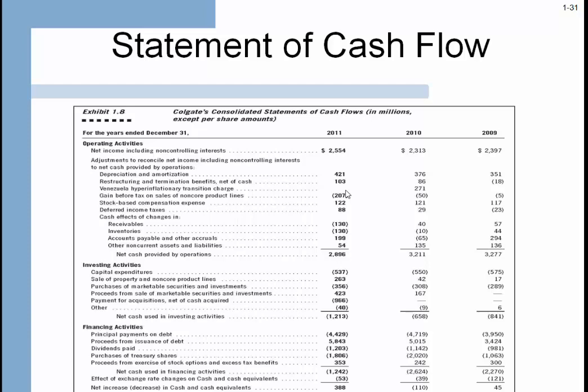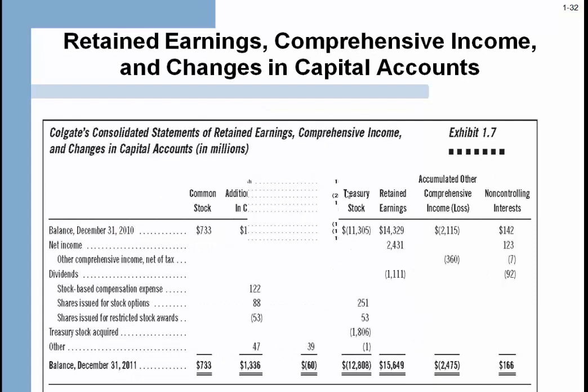The investing activities are driven by long-term assets and what's happening with the business with long-term assets. And the financing section is going to be the long-term liabilities, and also the stock and retained earnings. My apologies if you can't see the last part of this. You can refer to your text, exhibit 1.8.